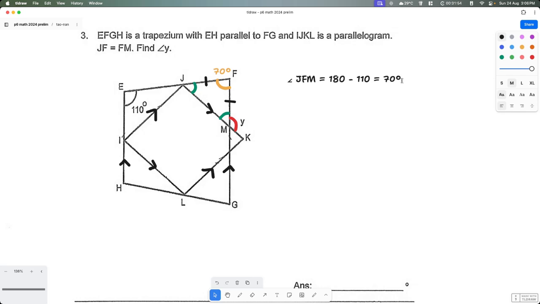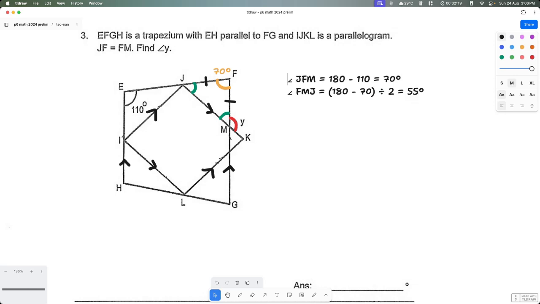Then we can get FMJ. So angle FMJ is equal to 180 minus 70, divided by 2, right? And it's going to become 55 degrees.